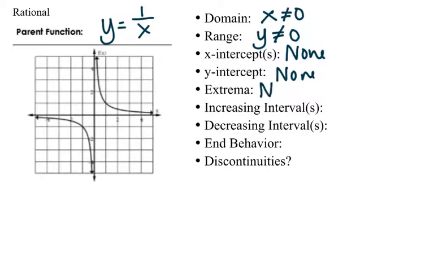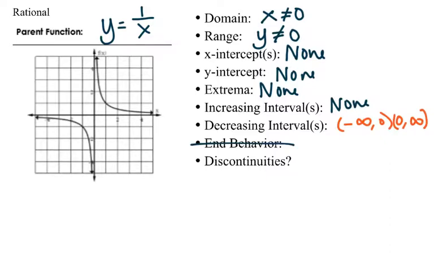And you don't have any extrema. Increasing, none. Decreasing always, but you can't include 0. So I would say from negative infinity to 0, and then from 0 to positive infinity. We're going to skip end behavior.